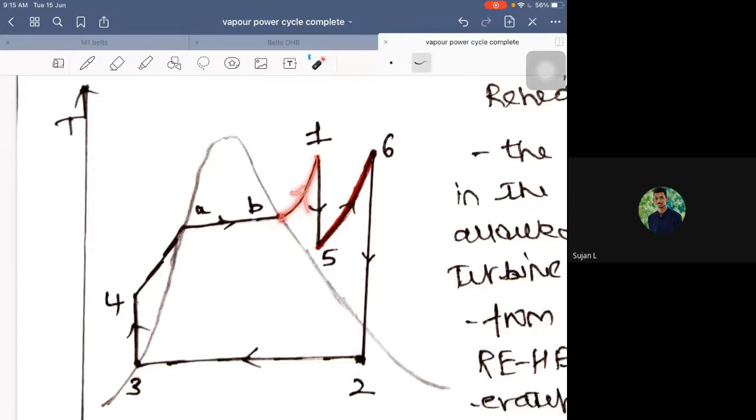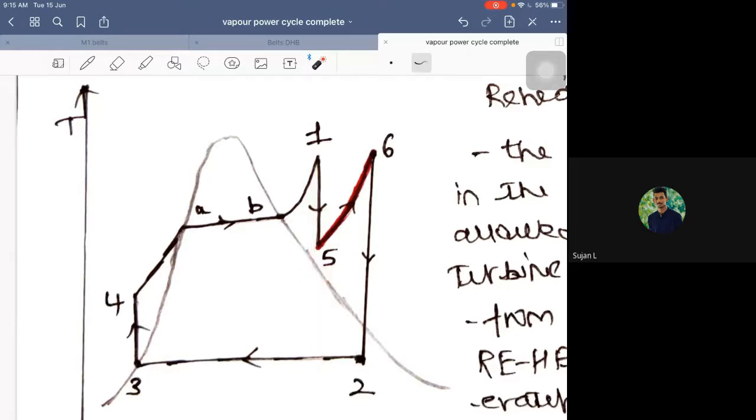Once the superheating is done, the high temperature, high pressure steam at state 1 impinges on the turbine so that expansion happens. Expansion happens from 1 to 5, not completely up to 2, because of the reheating.